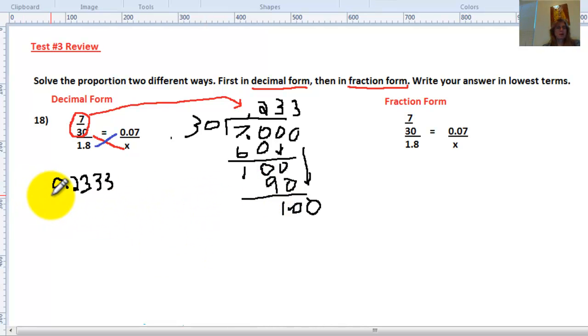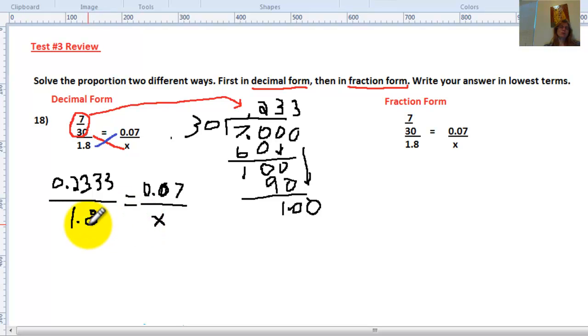And then we're going to put that over 1.8, because all we're replacing is that fraction there, and the rest is still set up the same over the x. So we're going to solve it.